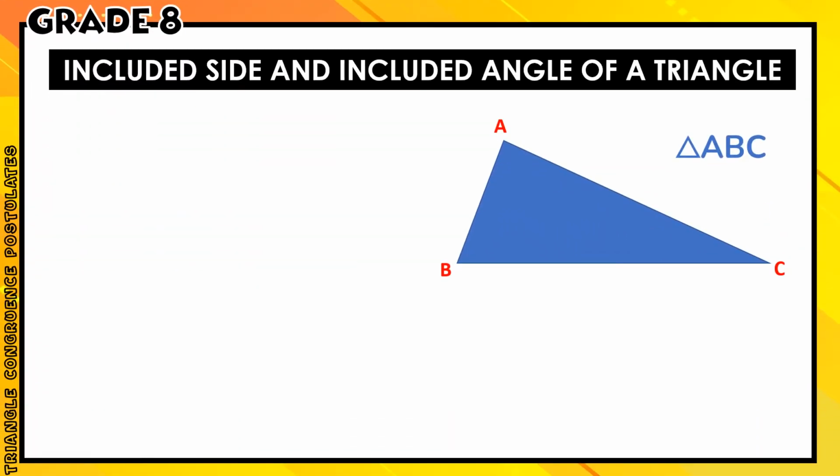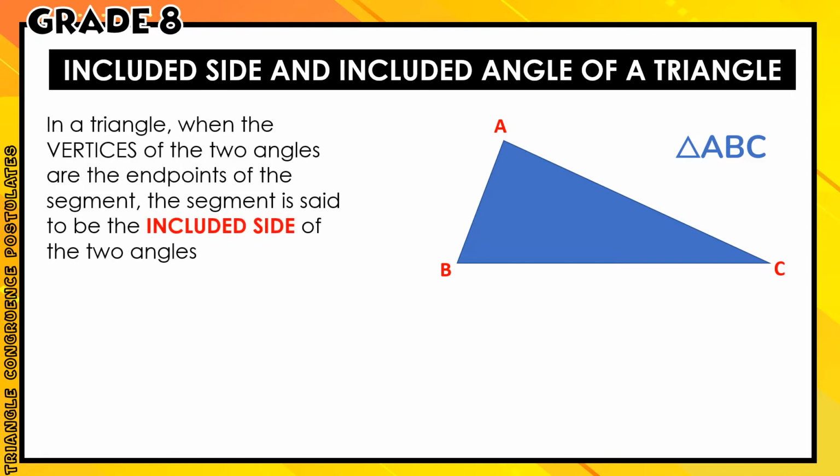So let's talk first about the included side and included angle of a triangle. We have here triangle ABC, and by definition, in a triangle, when the vertices of two angles are the endpoints of a segment, the segment is said to be the included side of the two angles.